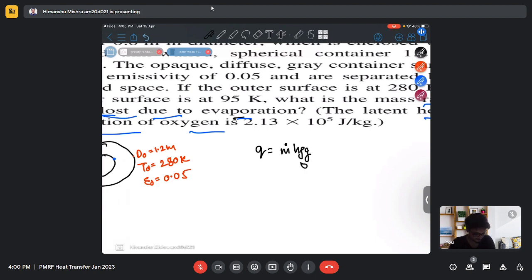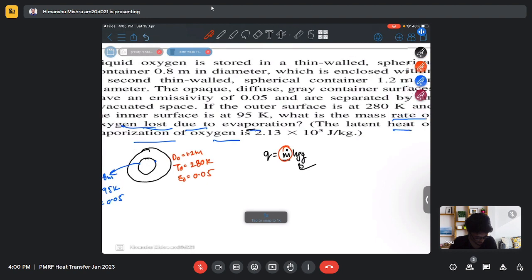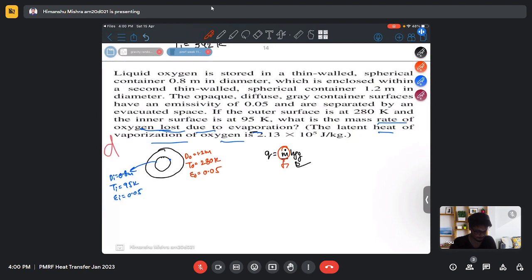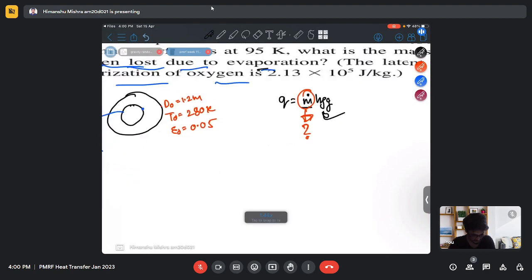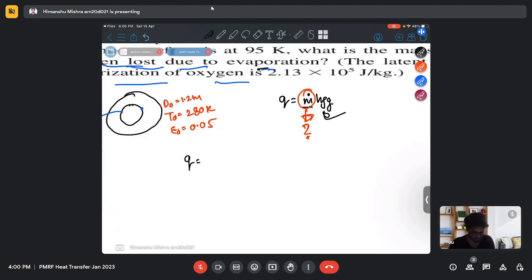So we already have given this latent heat and we need to calculate the mass rate, which is m dot, which is an unknown quantity. So from the energy balance, I can write that whatever the evaporation will happen, it will be due to the radiation heat transfer.